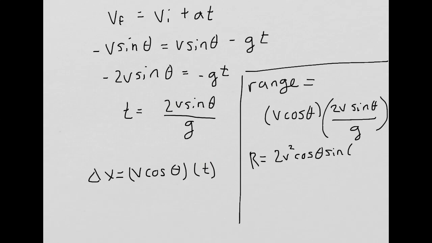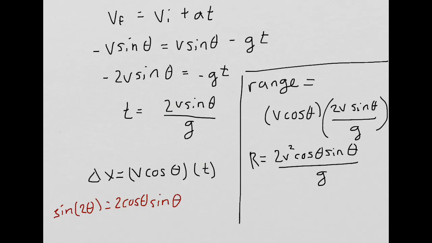sine theta over gravity. And using a trig identity, I'm just going to put the identity on the bottom here in red. Sine of 2 theta equals 2 cosine theta sine theta.